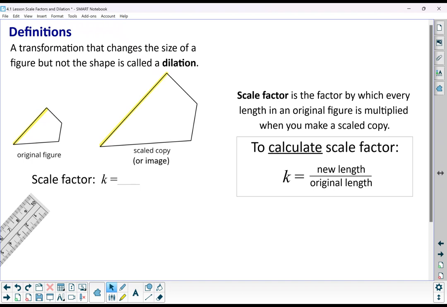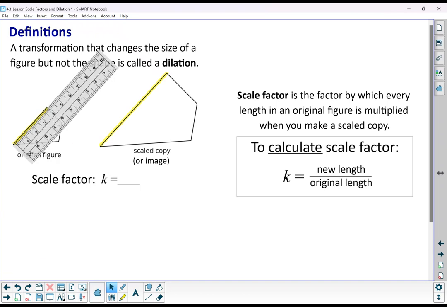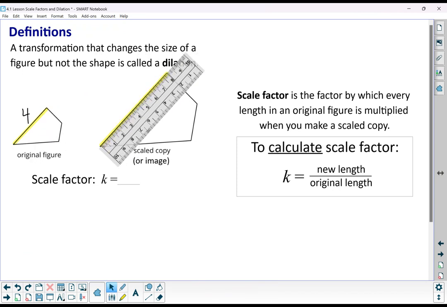So if we maybe measure this original kite right here, it had a side length of 4. And if I measure my image or my scaled copy, it has a side length of 8.